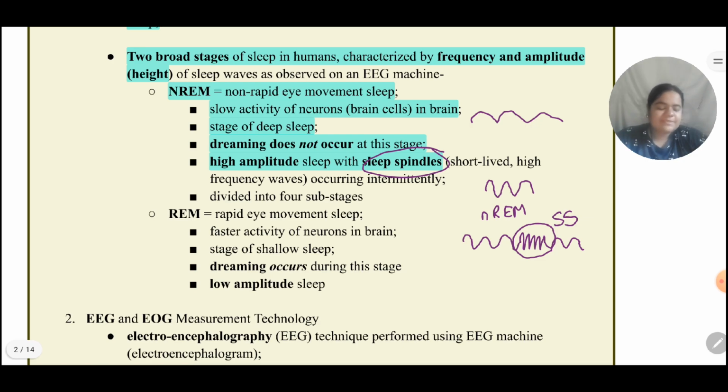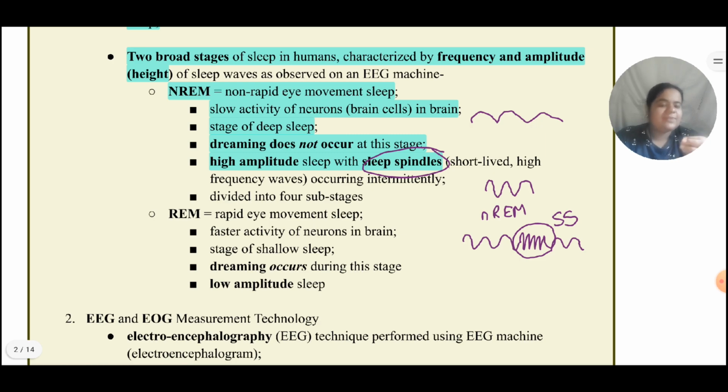So NREM stage of sleep, no doubt it's a deep stage and it's very rested sleep, but in between you get to see sudden bursts of activities of the neurons, and the purpose is the same because information is being synchronized. So sometimes information is needed from some neurons which are as such inactive, but that information is needed so that they become active for a while and then they get rested again. So in between we see spindles.